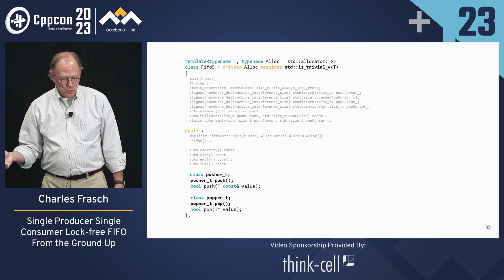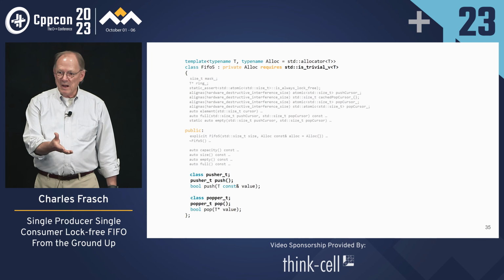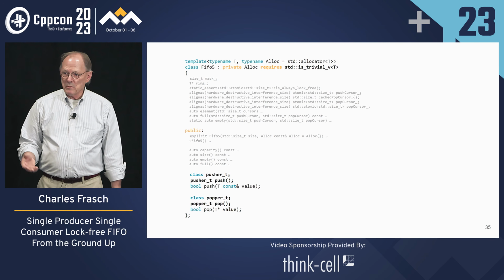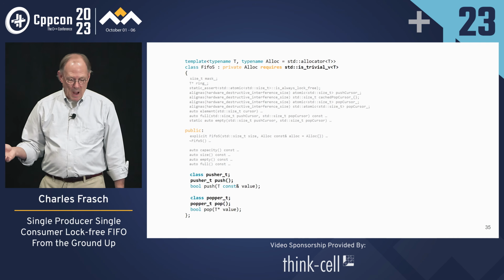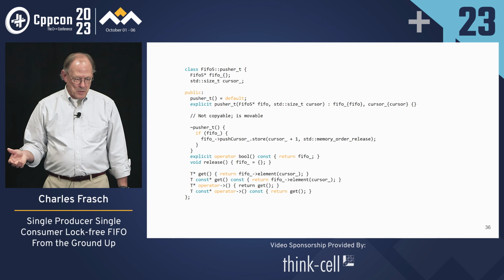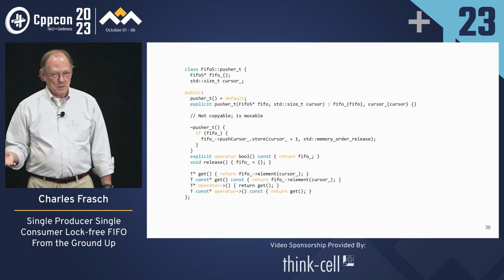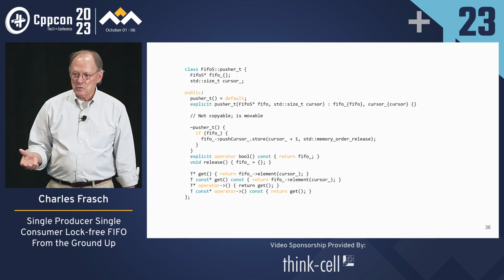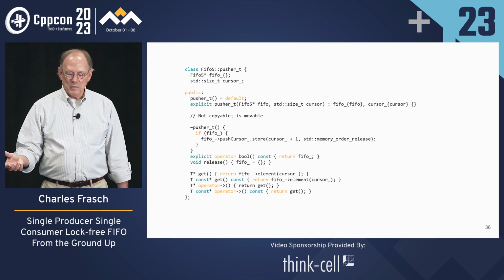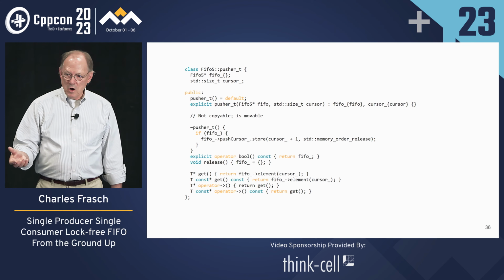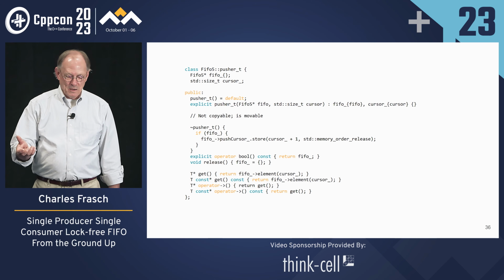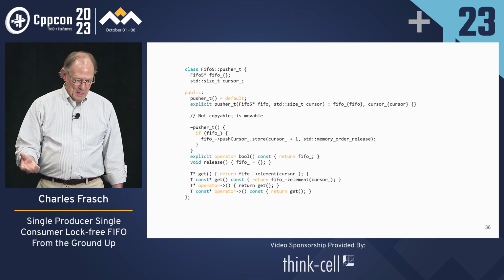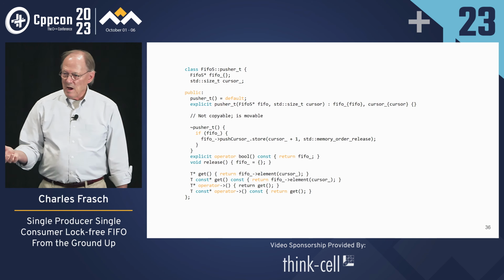So I'm going to run through this real quick on how we do that. So we have a factory operation called push with no parameters, and we have another factory operation called pop. So the pusher is kind of a really stupid little smart pointer proxy type of an object that holds a pointer to our FIFO and the value of the push cursor. When it goes out of scope, if FIFO is still not null, it advances the push cursor, and then again we can also evaluate.